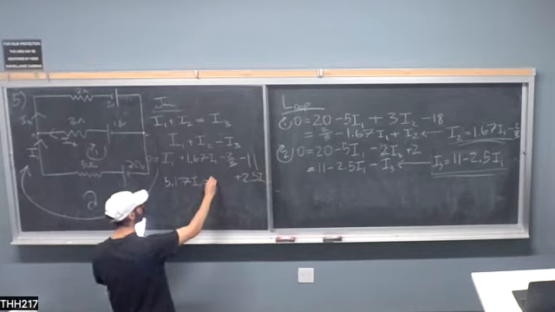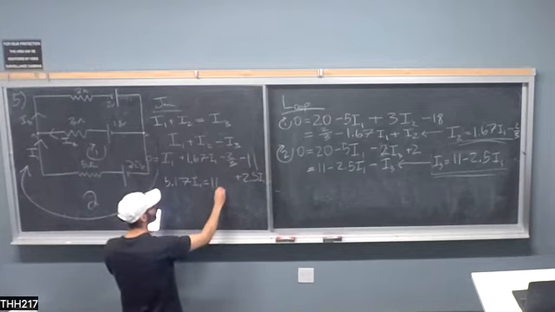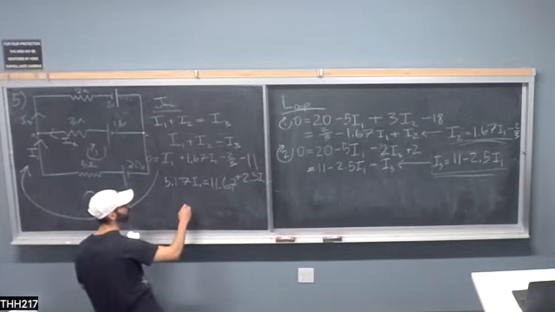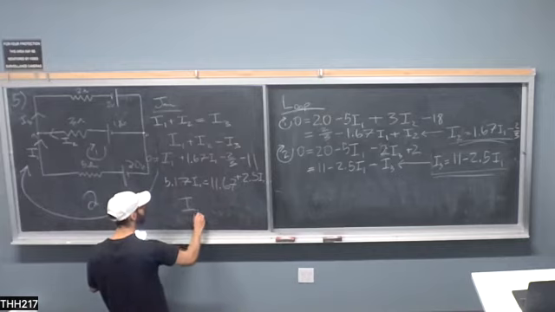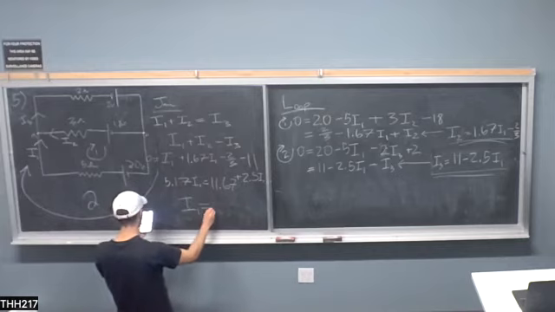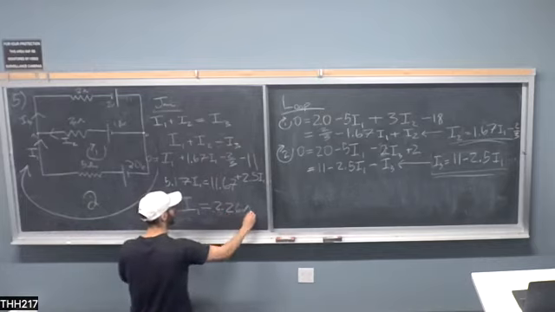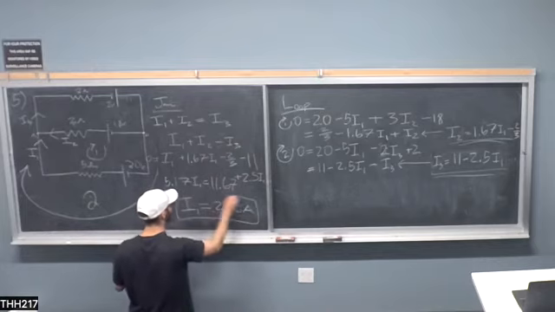Move it to the other side, so it's 11.67, rounded up, right? So it's positive now. Divide both sides by 5.17. I1 is equal to 2.26 amps.